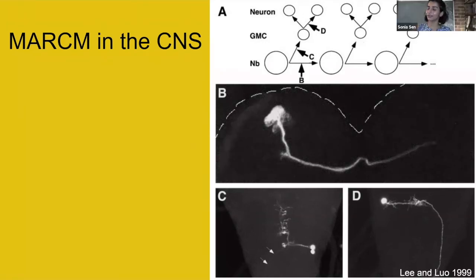Still, there's only a certain probability that you'll hit. So it depends on how accessible the FRT is, how long you give the heat shock. You can still titrate it to hit just a few neuroblasts. So at L2, almost every single neuroblast in the brain is dividing. Yet if you titrate your experiments depending on what FRTs you're using and how long you have the flip, you can induce clones in just a small number of them.